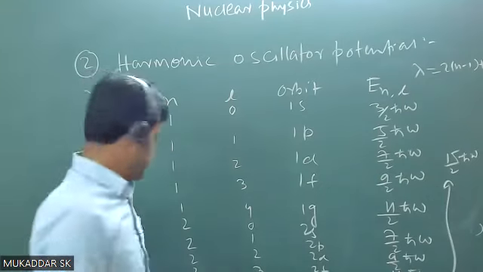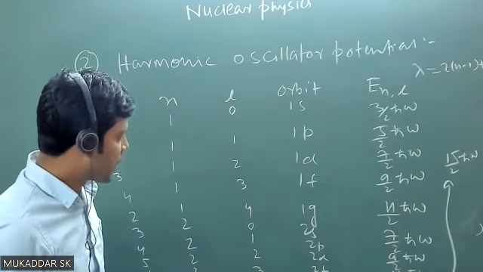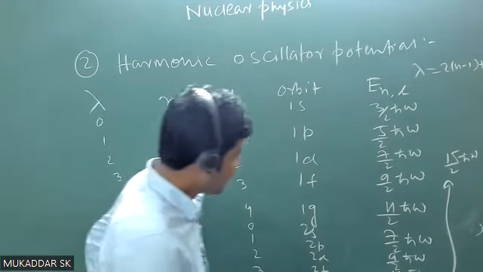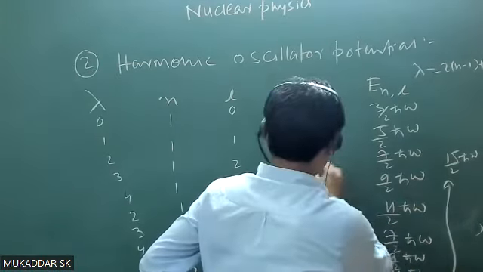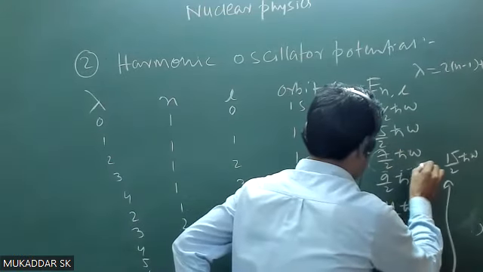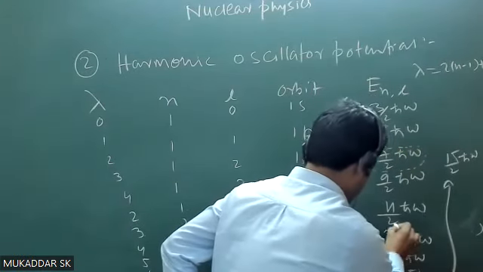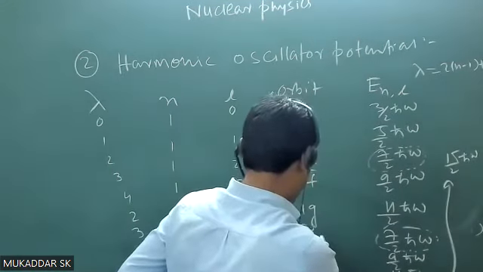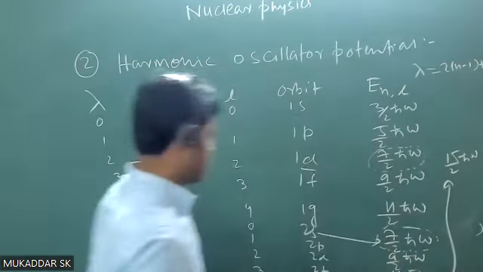I can see these values in the spectrum. You see here that 7 by 2 h cross omega for 1d, there is an energy that is 7 by 2 h cross omega, and here also you have 7 by 2 h cross omega, and that corresponds to what? The 2s.